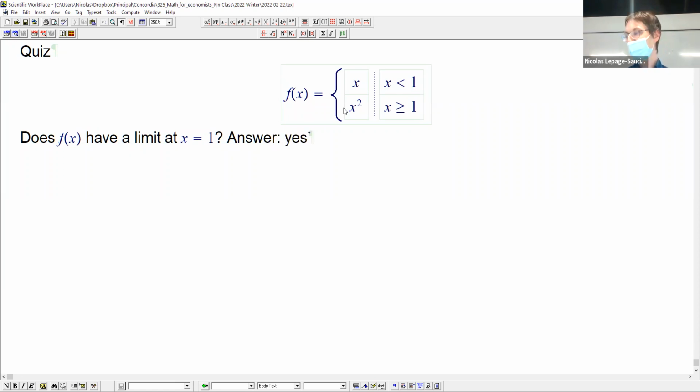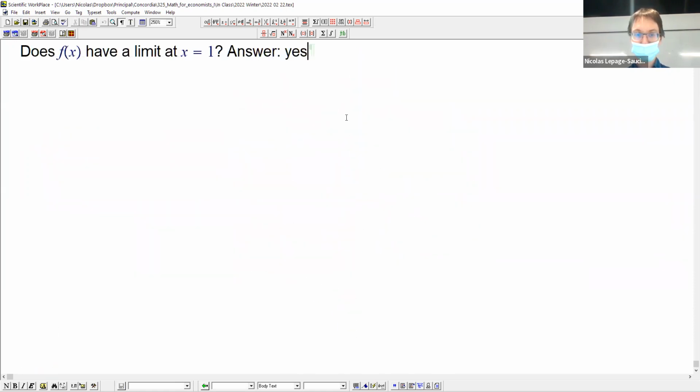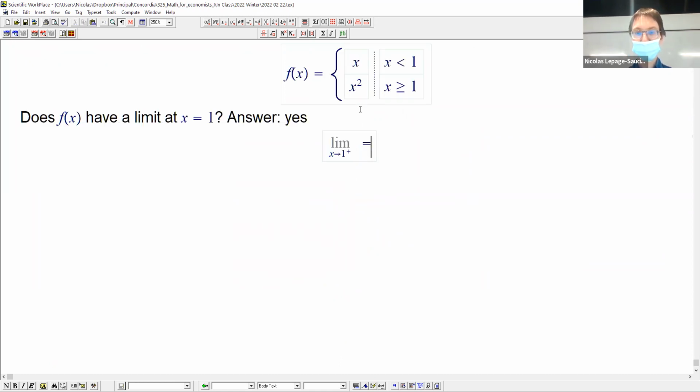So let's just compute it. The limit when x tends toward 1 plus, so it means that I tend toward 1 from larger values than 1. So I take this side there, so it's x squared.